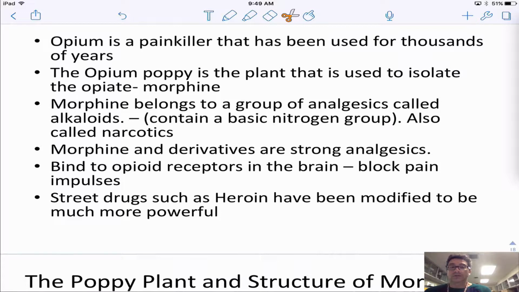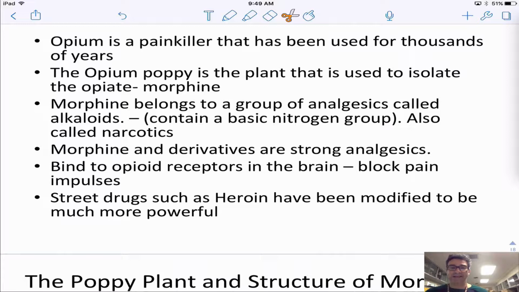Colloquially, they're called narcotics. A narcotic is any drug that is based on morphine. Narcotics have a strong pain-killing effect, and they do this by blocking receptors in the brain. How well the narcotic enters the brain will determine its strength.